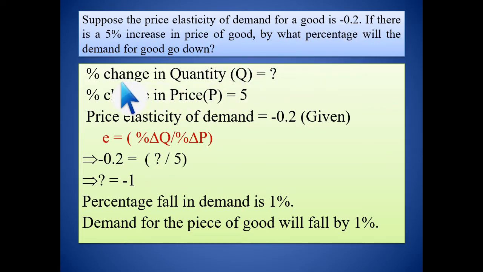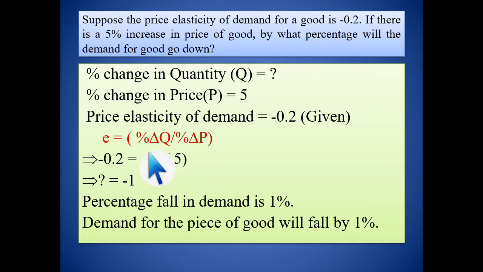So we have to find out what is the percentage change in quantity when the percentage change in price is 5. So what is the price elasticity of demand? Here it is given 0.2. What is the formula to get elasticity? Percentage change in quantity demanded divided by percentage change in price. So elasticity value 0.2 is given. Percentage change in quantity demanded we have to find out, and percentage change in price is given as 5.